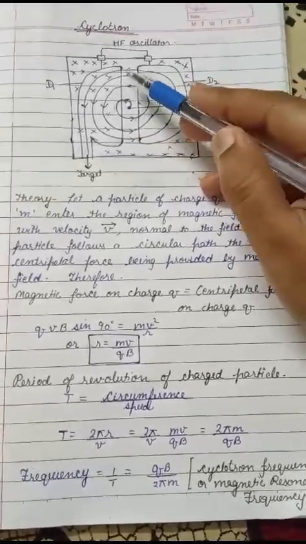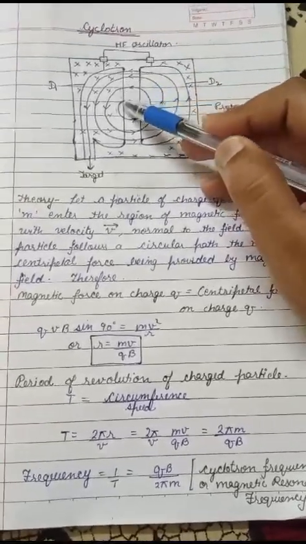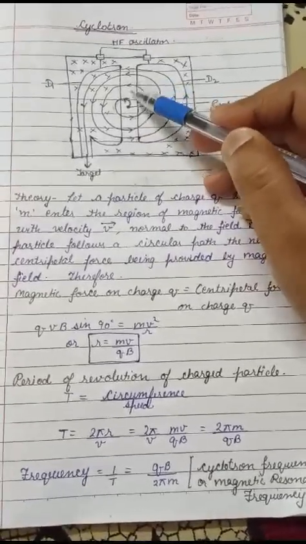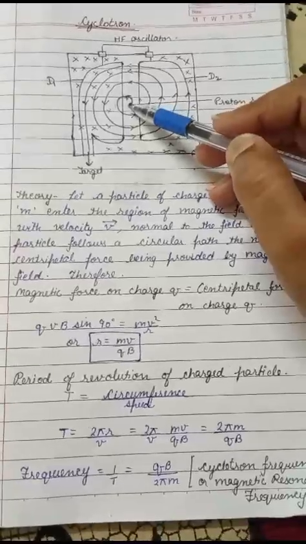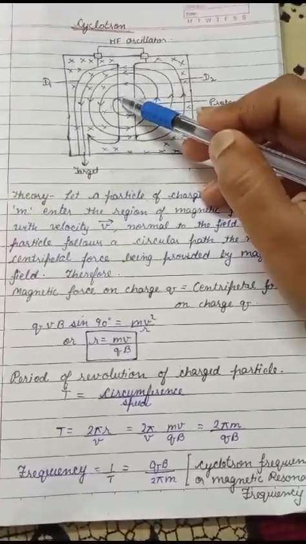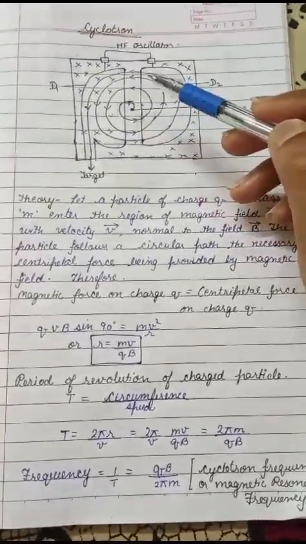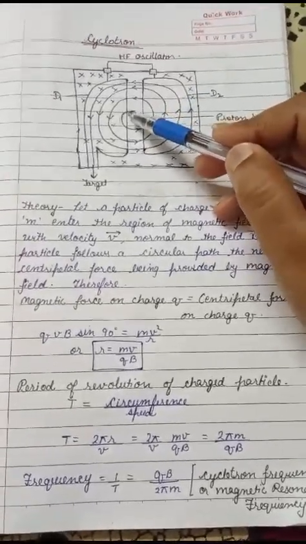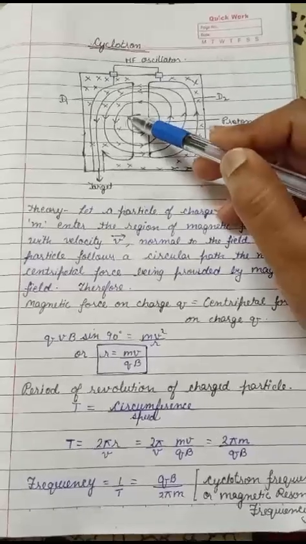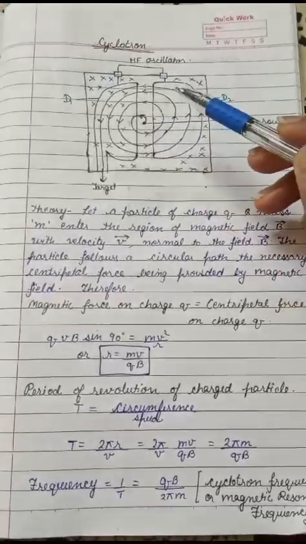This is a negatively charged plate and this is a positively charged plate, so an electric field is created. This electric field accelerates the charged particle towards D1, and the particle moves inside D1.